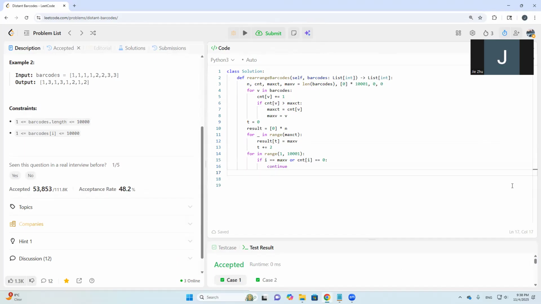Otherwise, we need for this one in range count[i]: if t is greater or equal to n, or t greater than n minus 1, we should have t equals 1. And every time t increases by 2, we have result[t] equals i. In the end, just return result.